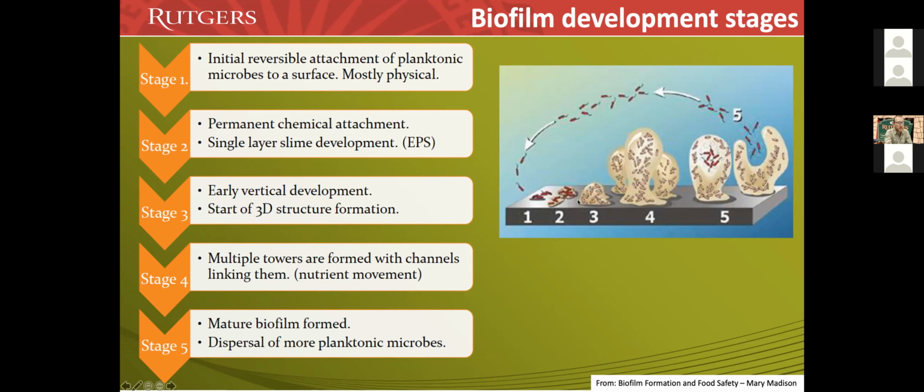In the third and fourth stage, they begin to accumulate and replicate and get bigger and bigger and suck in more bacteria. And they form these water channels in between them. And this facilitates the movement of moisture because they need moisture, as well as the movement of nutrients because they need nutrients like sugars to replicate, just like we need food.